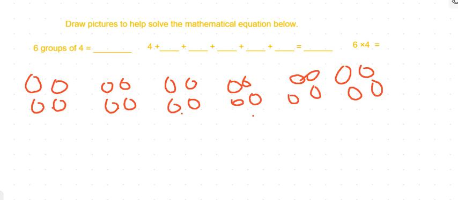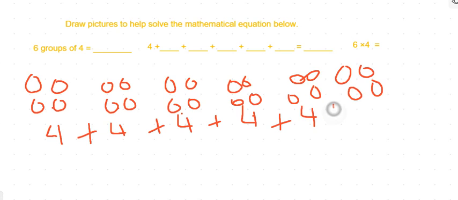So remember, we're starting out with repeated addition. So 4 plus 4 plus 4 plus 4 plus 4 plus 4, 6 times, is going to give you the exact same amount as before, which is 24.